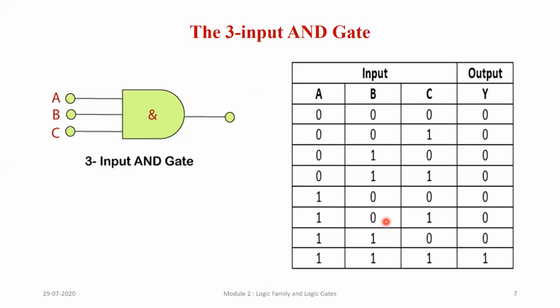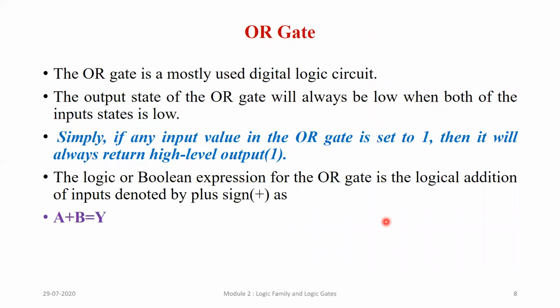Now, this was the first gate, that is my AND gate. The second one is the OR gate. The OR gate is also mostly used in digital logic circuits. Now, what is the OR gate? The output state of the OR gate will always be low when both of the input states are low.